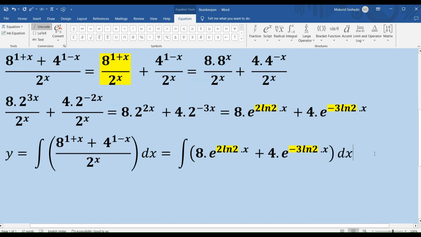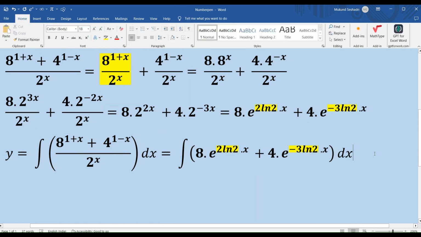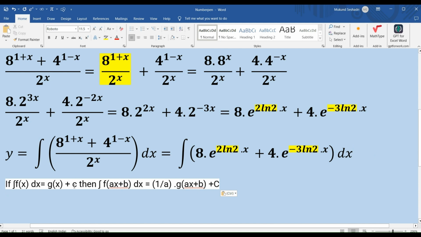So now I'm going to apply the rule of finding the integral of f of ax plus b when you know the integral of f of x. Let me write that down. This is the one: if the integral of f of x dx equals g of x plus c, then the integral of f of ax plus b times dx equals 1 by a times g of ax plus b plus c, right? So I know my f of x now.